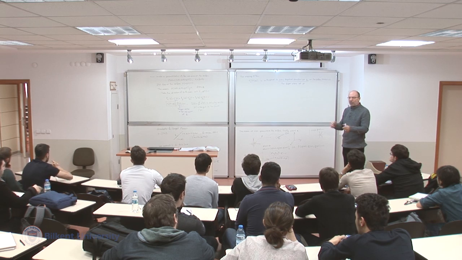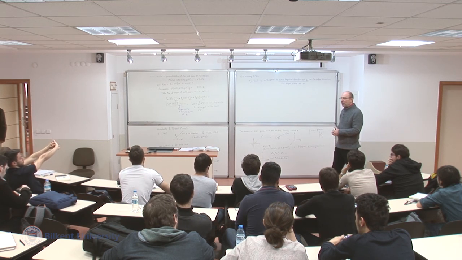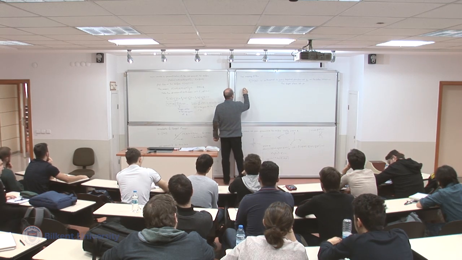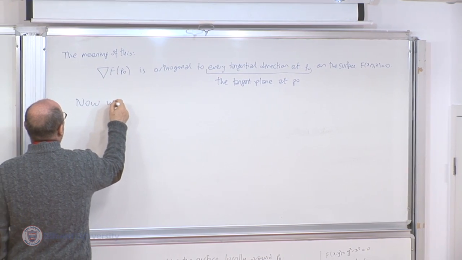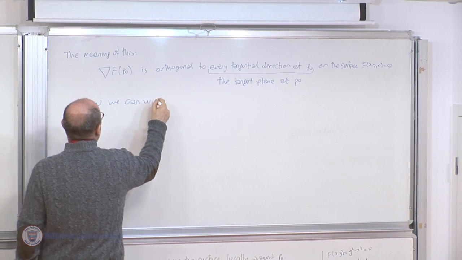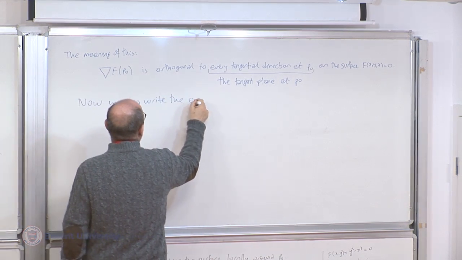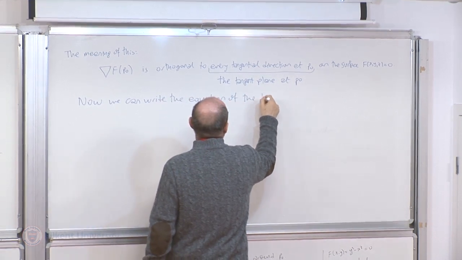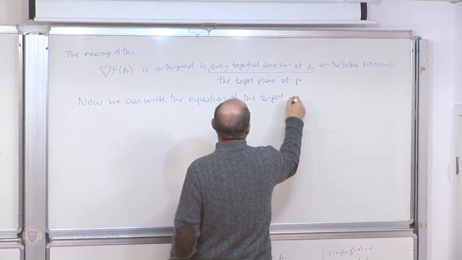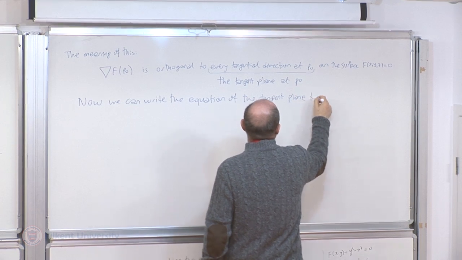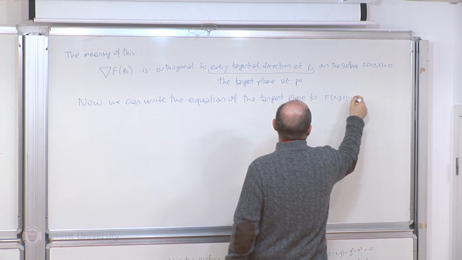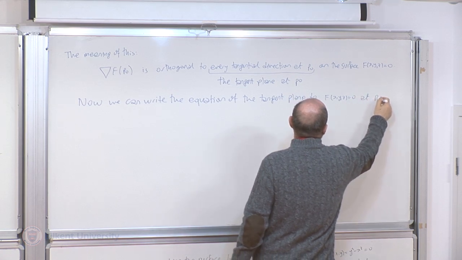Okay, so these 2 pieces of information tell us that we can easily write the equation of the tangent plane to f of x, y, z equals 0 at p sub 0.